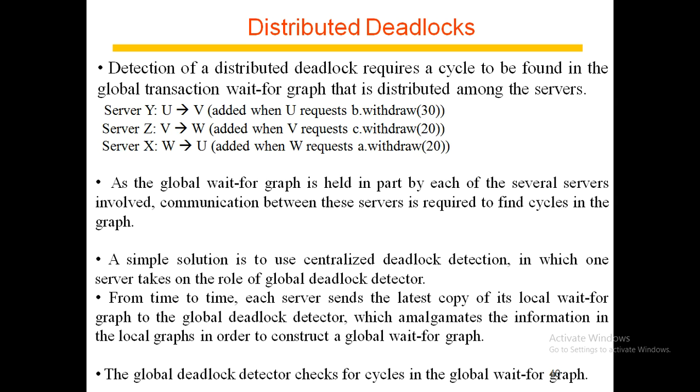A global wait-for graph is held in many parts by each of the servers involved. Communication between these servers is required to find a cycle in the graph. A simple solution is to use centralized deadlock detection, in which one server takes the role of global deadlock detector.